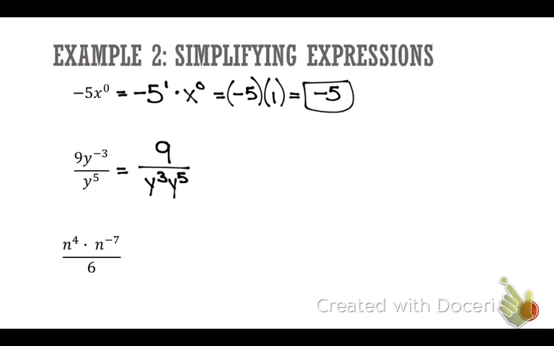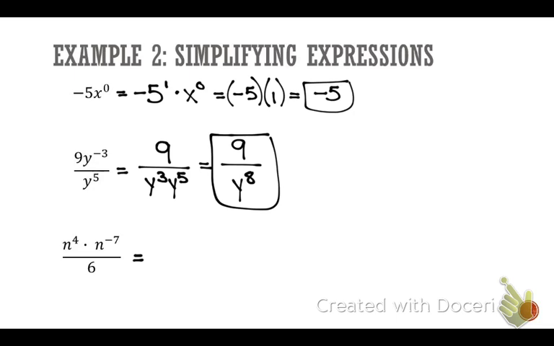I add them together. 3 plus 5 is 8. So if you ever run into a scenario where you try to move the negative exponent and you have same bases, you must combine them. Okay, so 9 over y to the 8th. All right, next one.